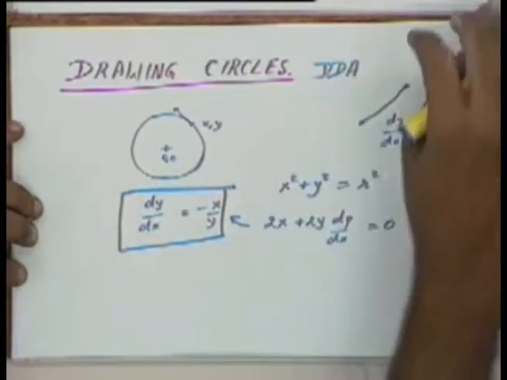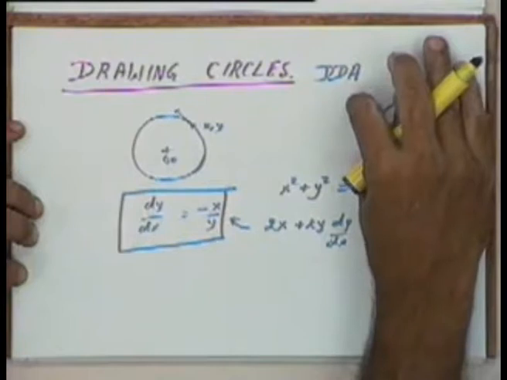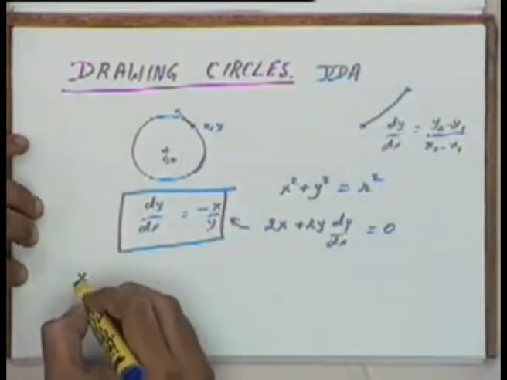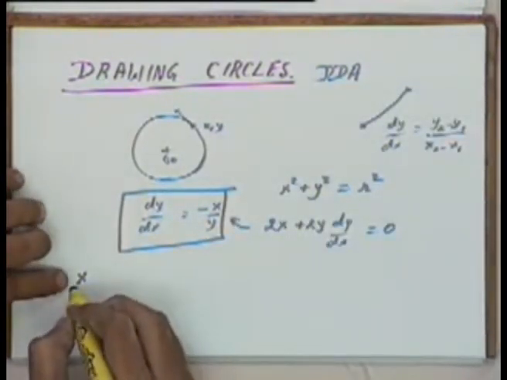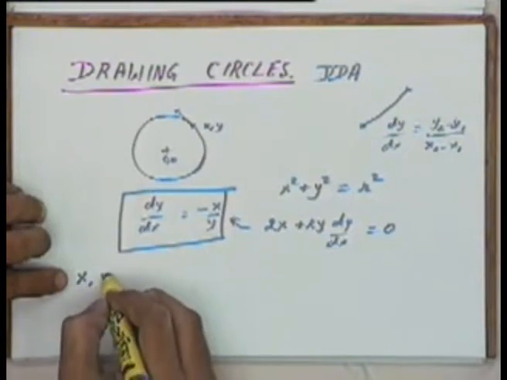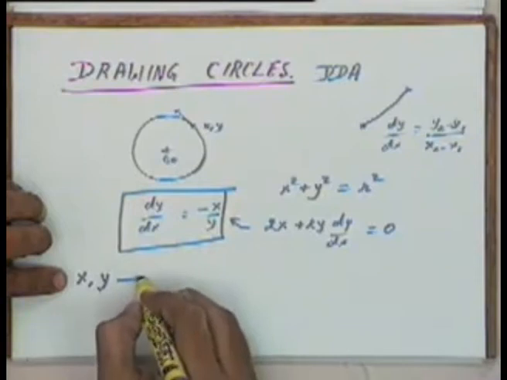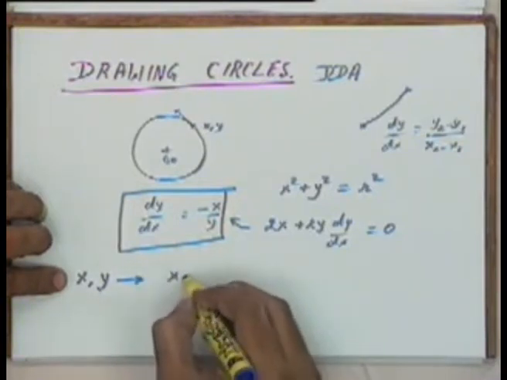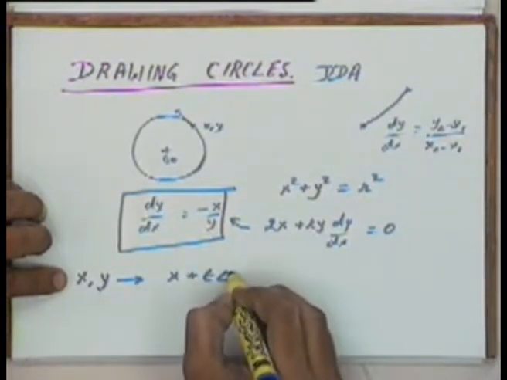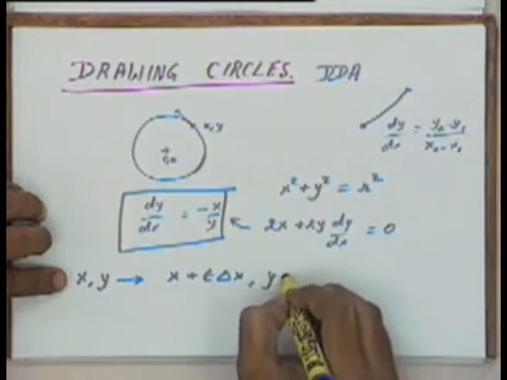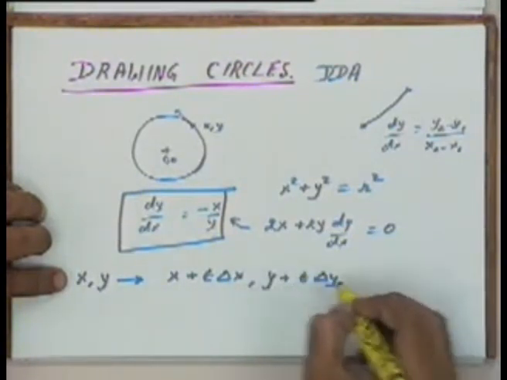If you remember the line drawing DDA algorithm, we had said that if x y is a pixel that has been drawn at a particular stage, the next pixel to be drawn will be x plus epsilon times delta x, comma y plus epsilon times delta y.